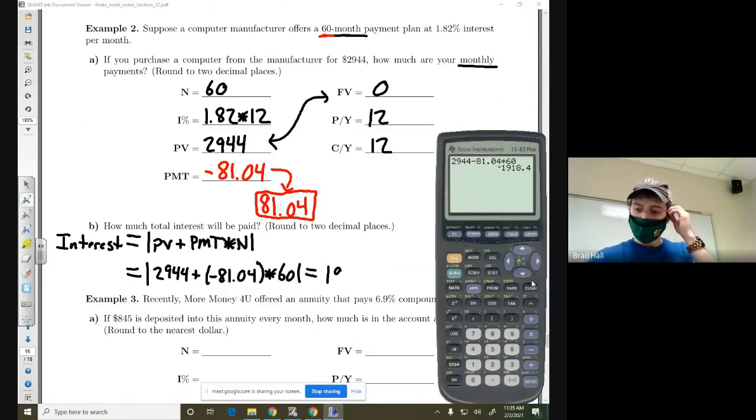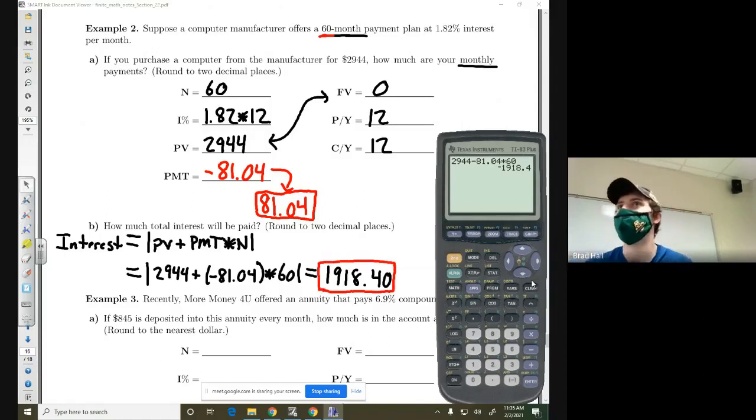It's $1,918.40. So let's think about what that means. You're paying roughly $3,000 for a computer, and on top of paying back that about $3,000, you're paying an additional about $2,000. So that's a lot of money you're paying back.